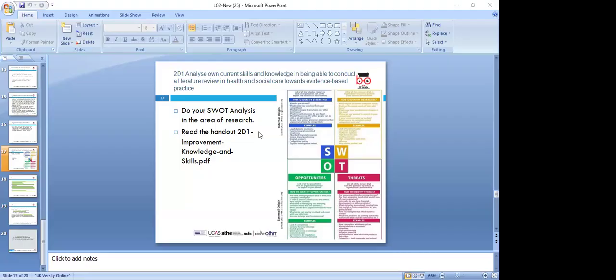Therefore, you might need to look into opportunities or go for some training in that area to learn that for your literature review or your project work. And you may face huge threats in information gathering. You may struggle to gather information, for example when you want to interview some people and they don't give you the exact facts you need for your research.